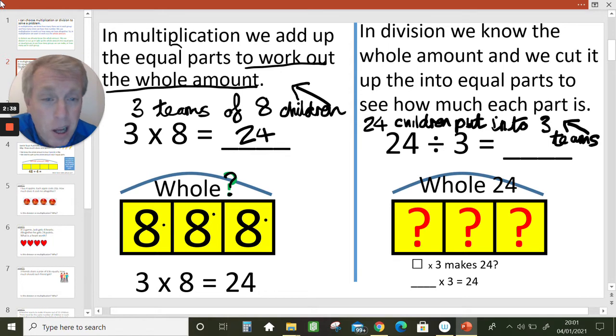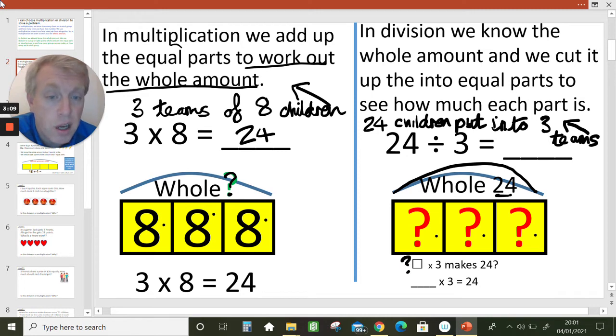Well, we draw a bar diagram now. We know the whole amount is 24. 24 what? 24 children altogether. What we don't know is how many will be in each part. So the question mark here is not how many is the whole, but how many in each part. How many in each group, in each team. So it's the mystery number.